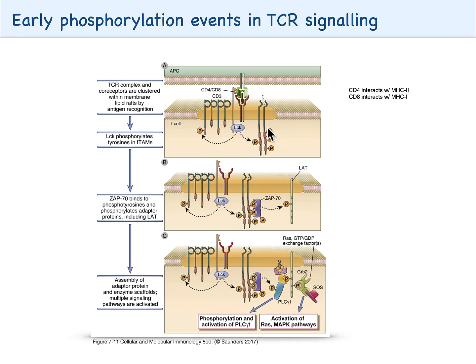Now, these phosphorylated sites will recruit ZAP-70. It's not very clear what happens with the epsilon, but for the zeta, it's very clear that they will recruit ZAP-70, which in turn will phosphorylate LAT, which in turn will allow adaptor proteins and enzyme scaffolds to form, and you will now start driving downstream signaling to activate PLC gamma 1, RAS, and MAP kinase pathways.